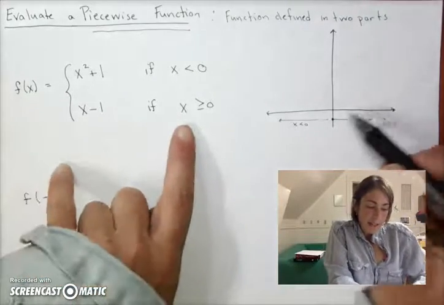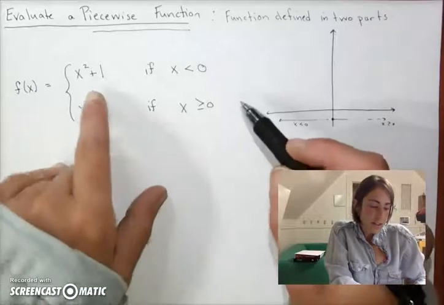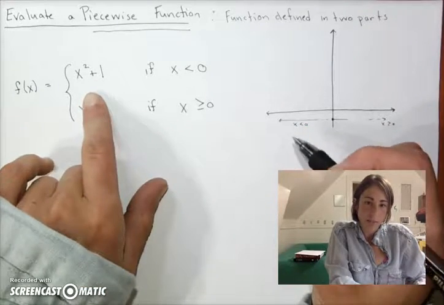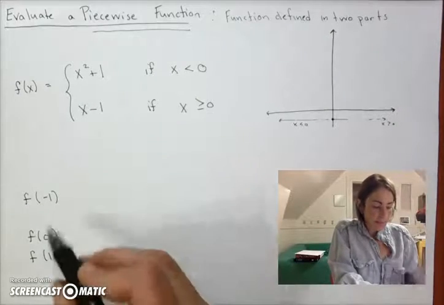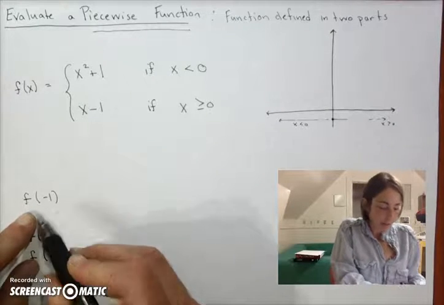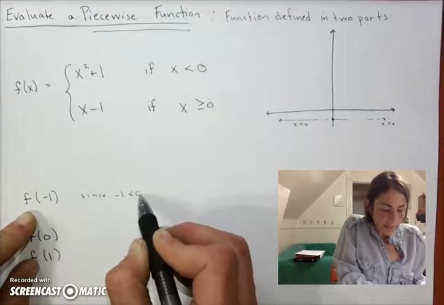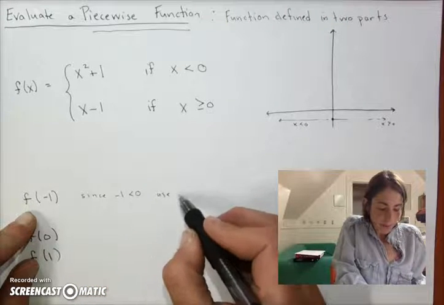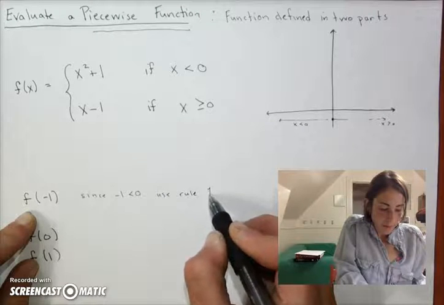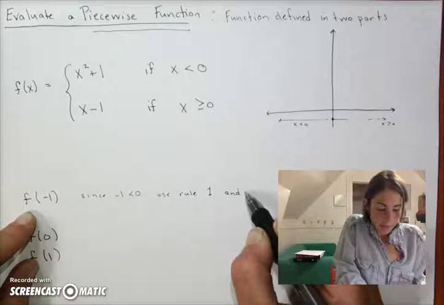So if x is less than 0, then the function values follow the rule x squared plus 1. So for example, if I want to do f of negative 1, since negative 1 is less than 0, I use rule 1 and plug into that.